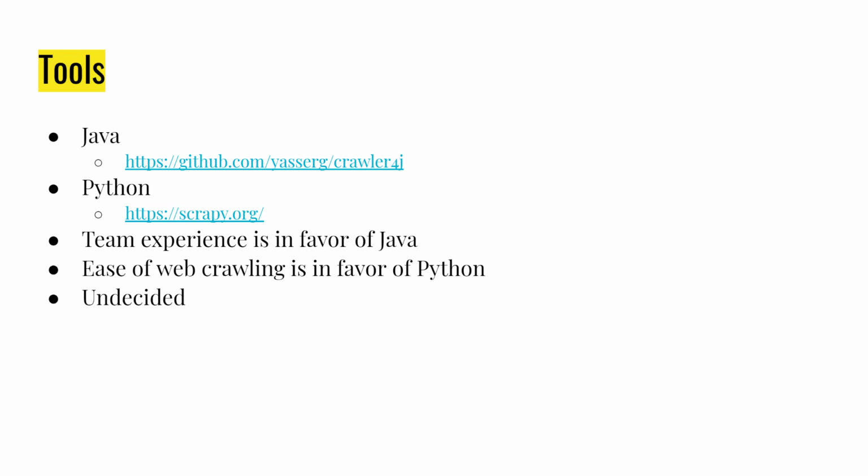We found that some of the libraries in Python actually let you take the parsed data and put it directly out into a spreadsheet for you, which is a little more difficult to do with Java, where you'd have to export it to an external application like Microsoft Excel and then take that data from there. So as of right now, we're still undecided, but we're looking through both options.